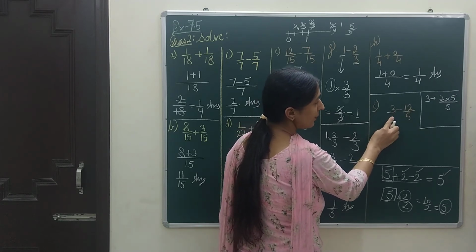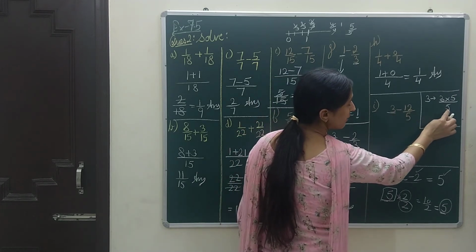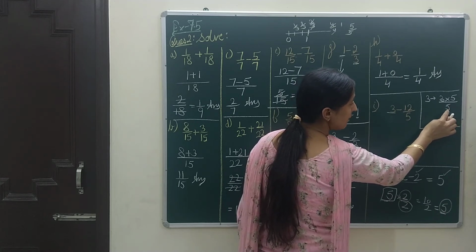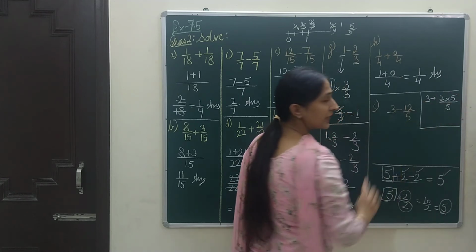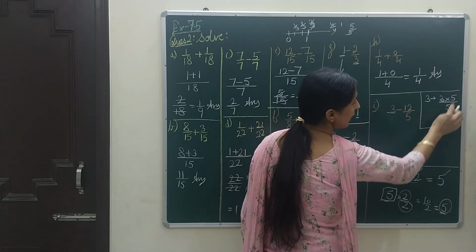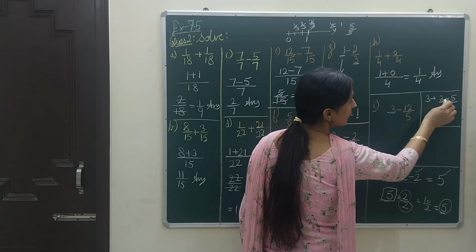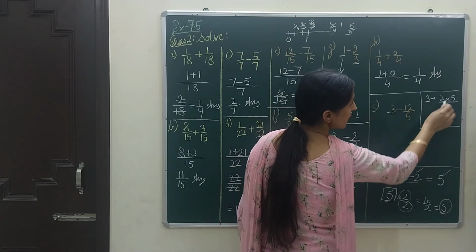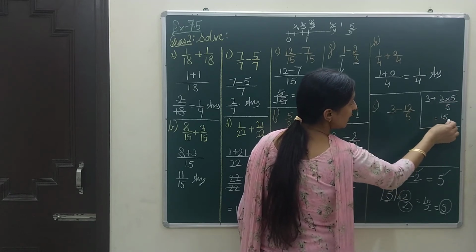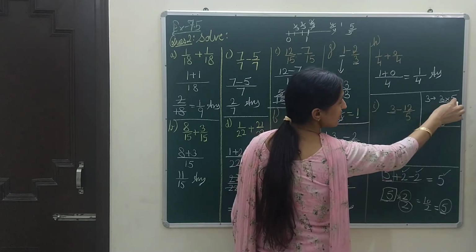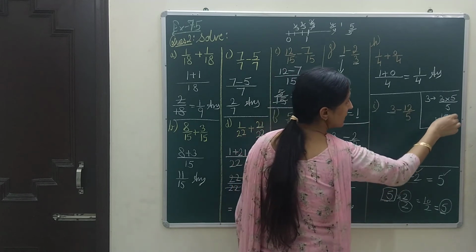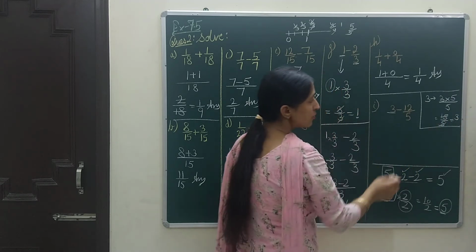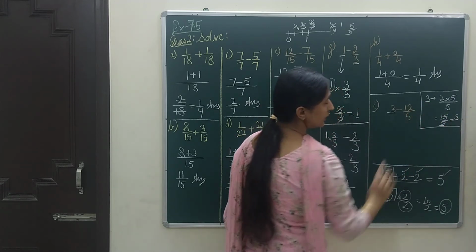So I will write 5 in the denominator, and multiply by the same number in the numerator, so that the final value should be 3. If you see here, it will be 15 by 5. 3 fives are 15 by 5, and when I cancel, I again get 3. So you can see the value of 3 doesn't change.